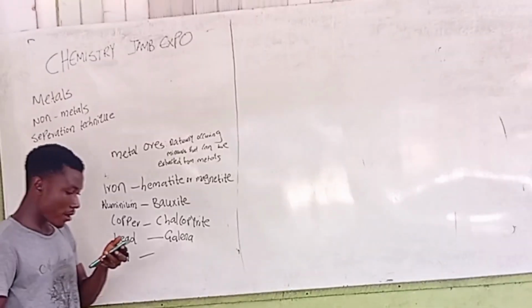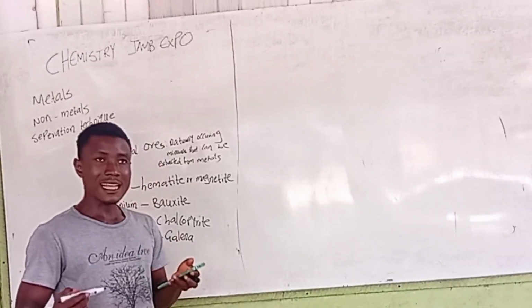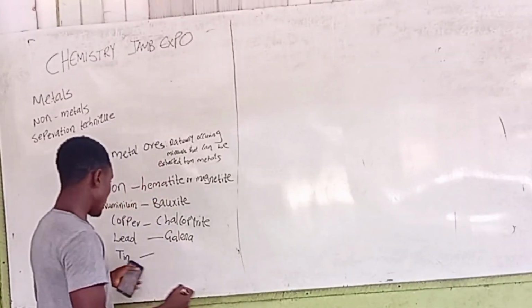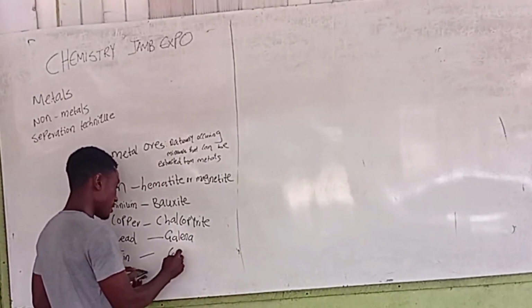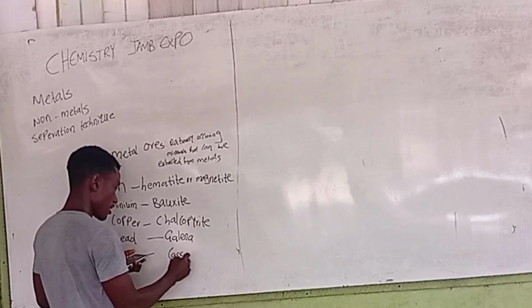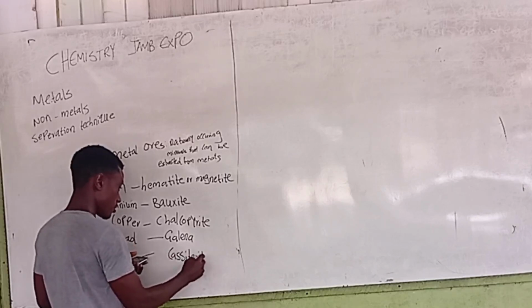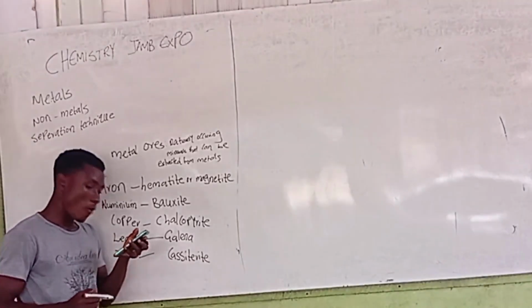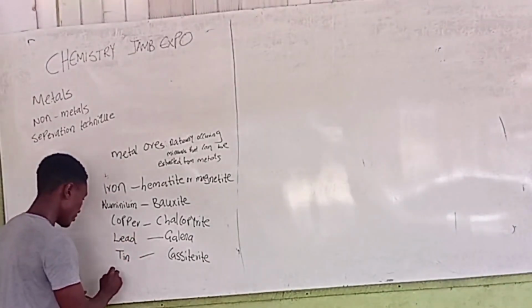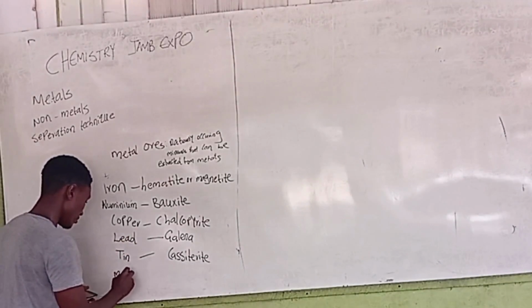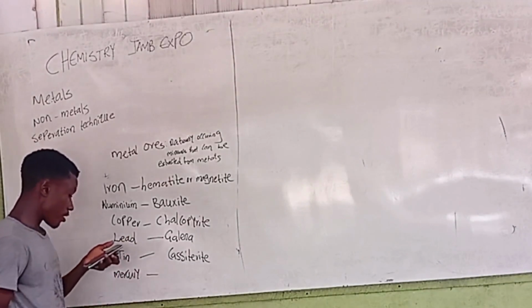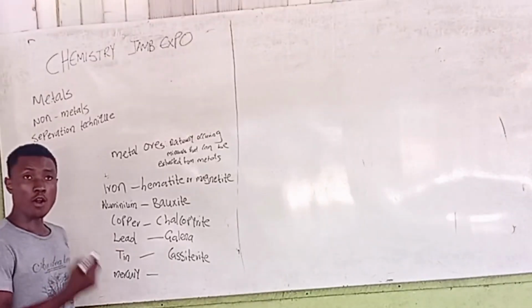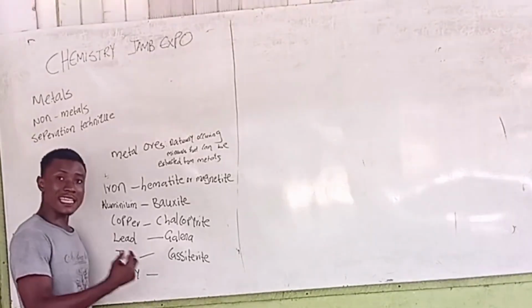Tin is derived from an ore that is known as cassiterite. That is the ore for tin. Then for mercury, mercury is derived from an ore that is known as cinnabar.